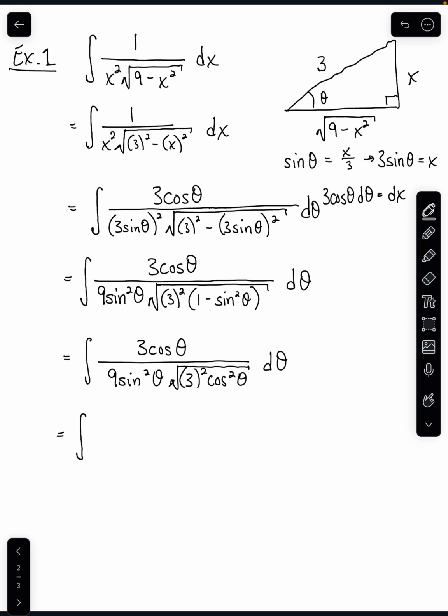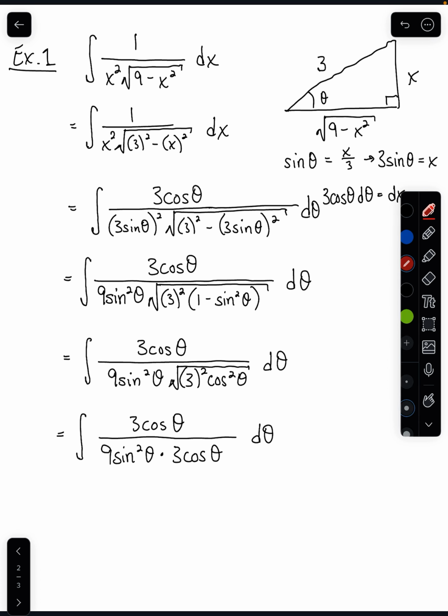The radical and the squares underneath will then cancel. So we still have our 3 cosine theta in the numerator. We have our 9 sine squared of theta in the denominator. And then the square root cancels with the squares to leave us with 3 cosine theta d theta.